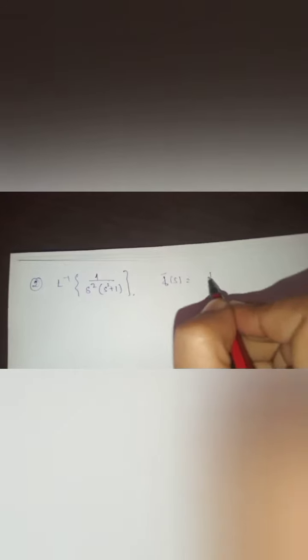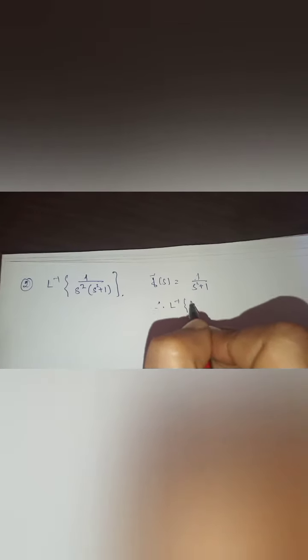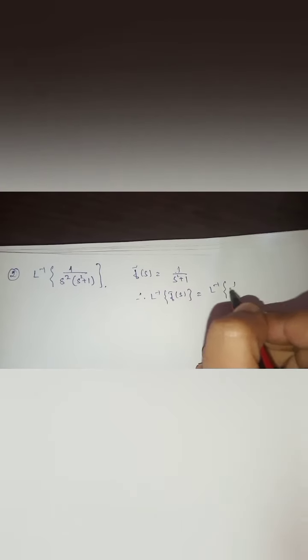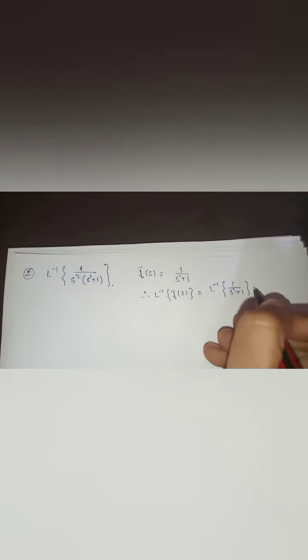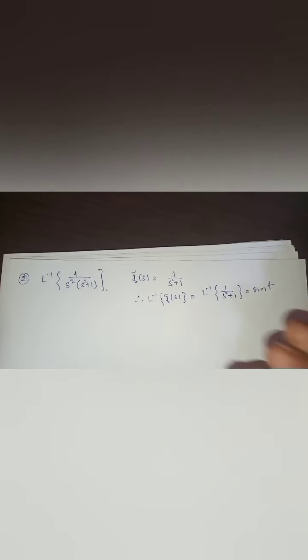Problem: Laplace inverse of 1 by s square into s square plus 1. Now here, first select your f bar of s as 1 by s square plus 1. Therefore, the Laplace inverse of f bar of s here will be equal to the Laplace inverse of 1 by s square plus 1, that is sin t.